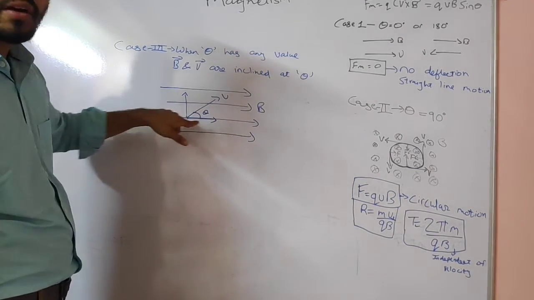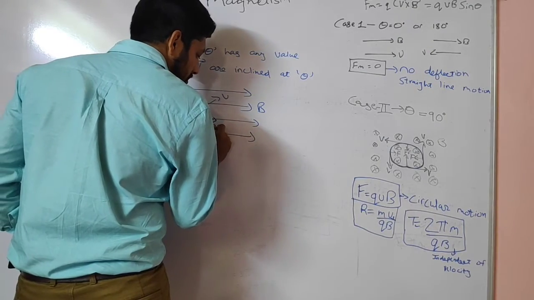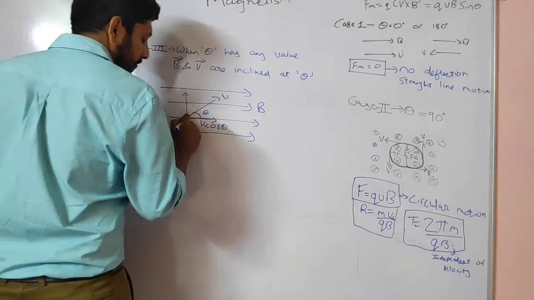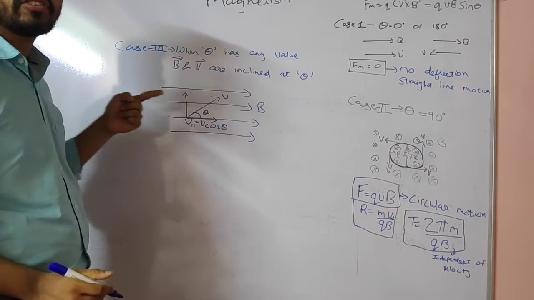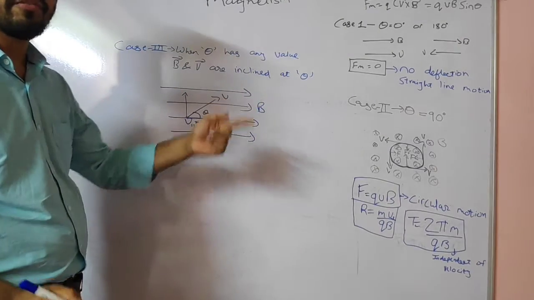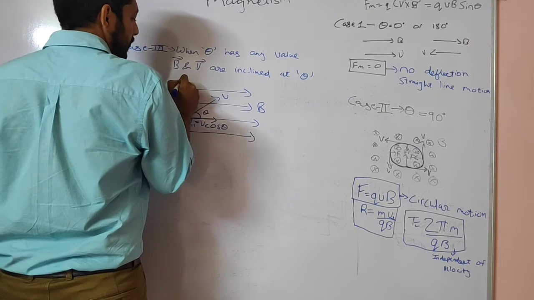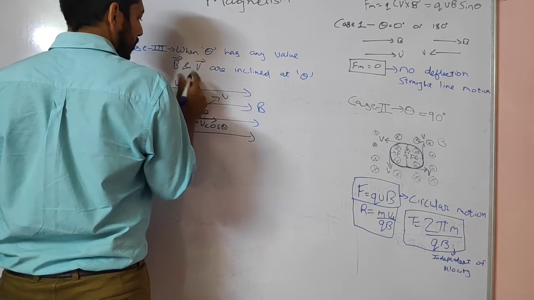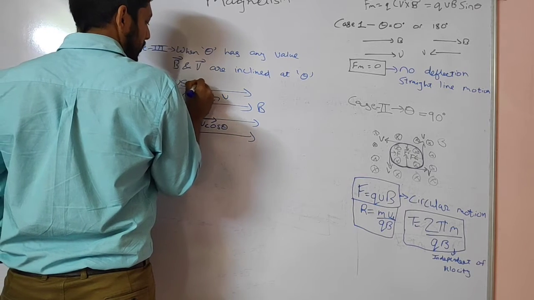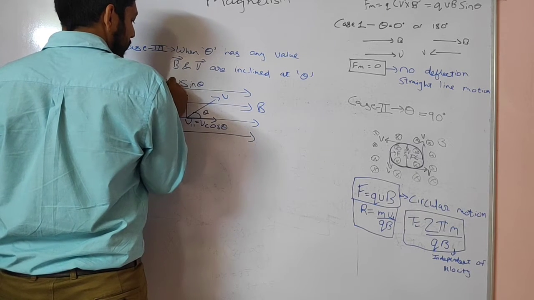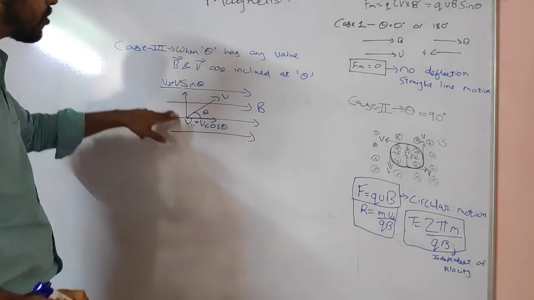The value of this component will be v cos theta, or you can say v parallel, because the direction of B is parallel to the direction of v. And this, the opposite side, will be v sine theta. You can also say it is v perpendicular, because this component is perpendicular to B.